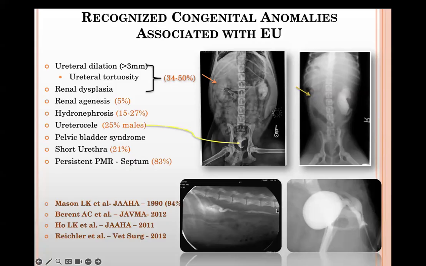It is important to make sure that your imaging includes the whole urinary system. So here we have the kidney and the ureters. We also want to make sure we include the bladder region and where the ureters insert. And finally, on this bottom right slide is a nice depiction. The bladder is full of contrast, but we can see that we have a ureter that's extramural, coming right along the edge here on the outside, right alongside the urethra.